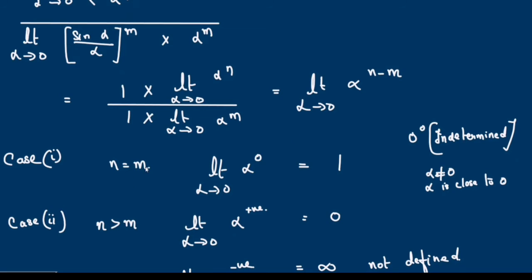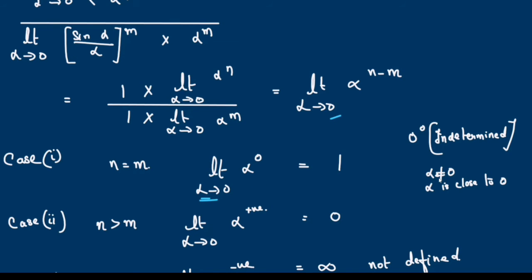Case 1, if n is equal to m. If n is equal to m, this will become limit alpha tends to 0, alpha power n minus n, that is equal to 0 because n and m are equal. Now alpha tends to 0, if alpha is 0, you get 0 power 0, it is indeterminate form. But you know that alpha is tending to 0.